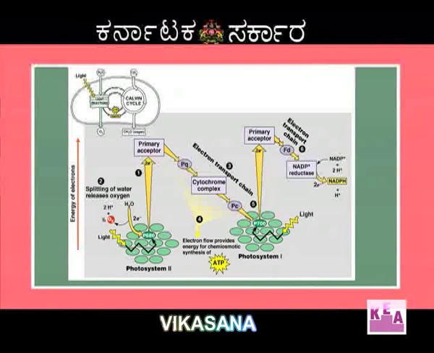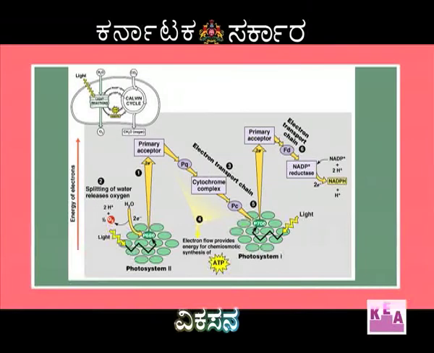Where does carbon dioxide fixation occur? It occurs in the stroma of the chloroplast, where it is connected to the dark reaction. So, which is the correct answer here?